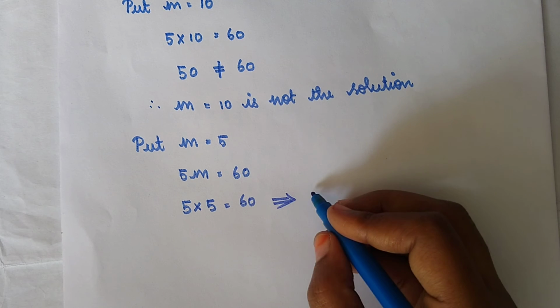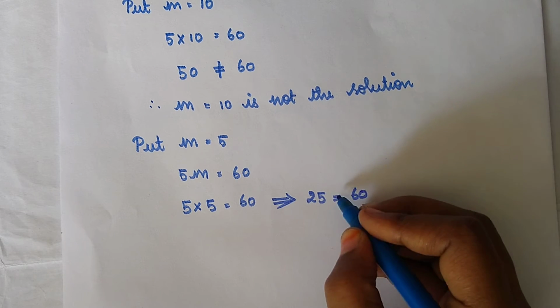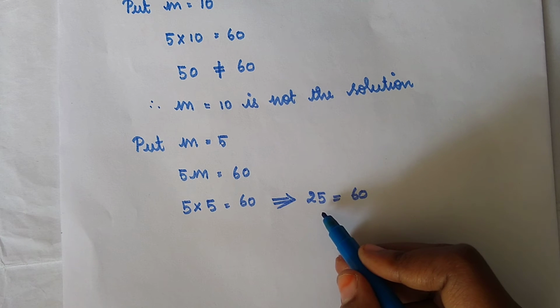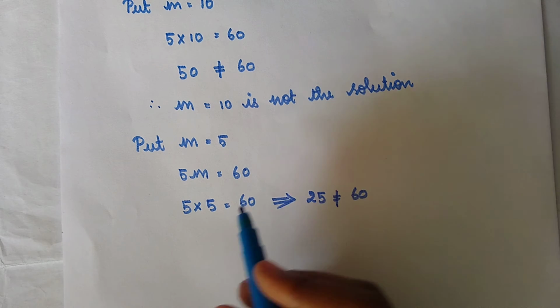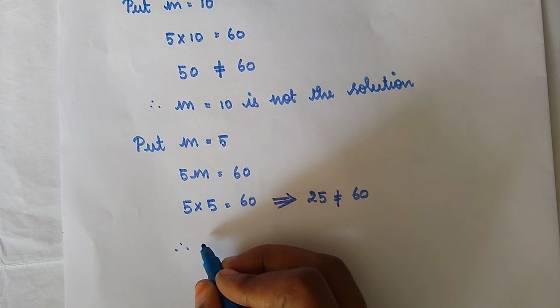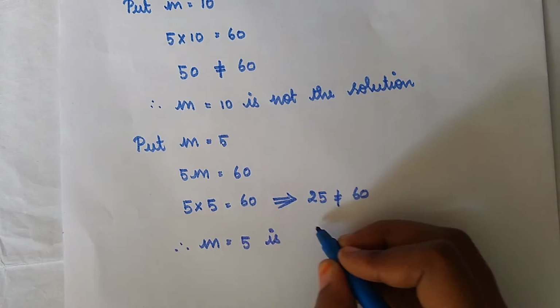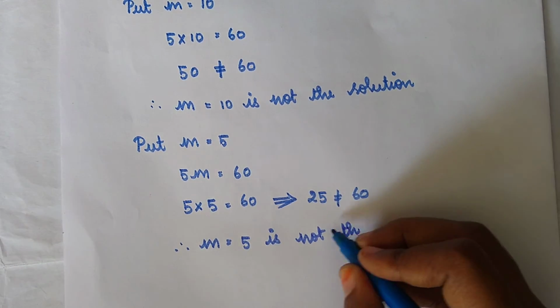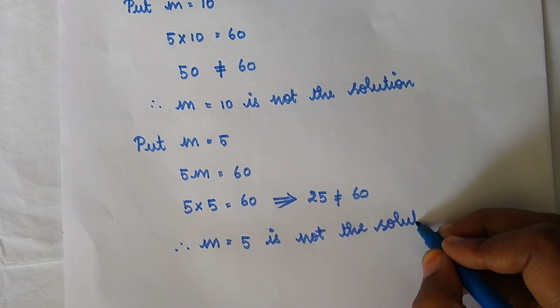So 5 5s are 25, equal to 60. It's also not the solution because it's not the same. So therefore m equal to 5 is not the solution.